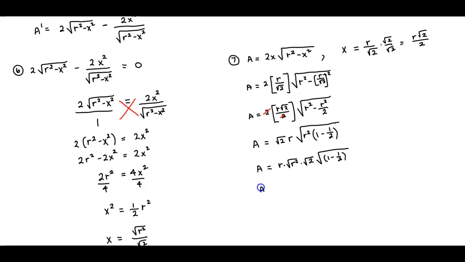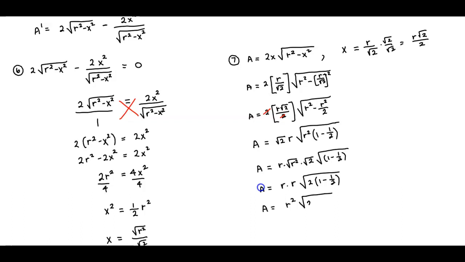So in terms of algebra, this is going to be r times the square root of r squared, which is r times, well, we know that the square root of 2 and the square root of 1 minus 1/2 have the same index. So we can write them under the same radical, and that's going to be 2 times 1 minus 1/2. So what we're going to get is r times r, which is r squared.